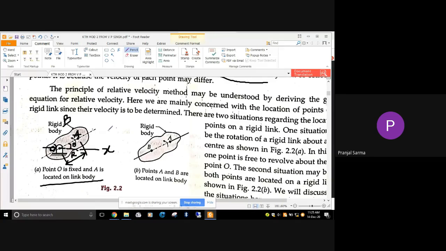Now we are making a coordinate system. Let's consider x suffix a and y suffix a to be the coordinates of this particular point A, x comma y.